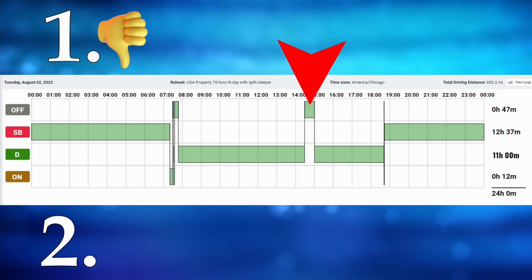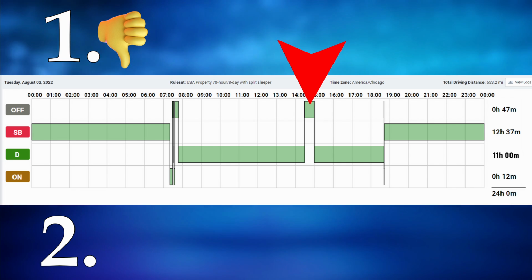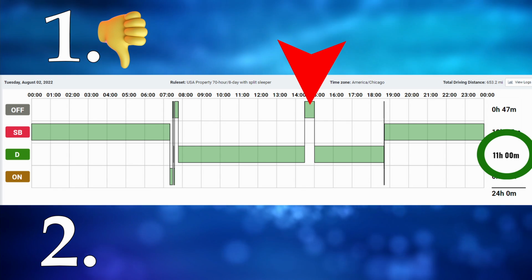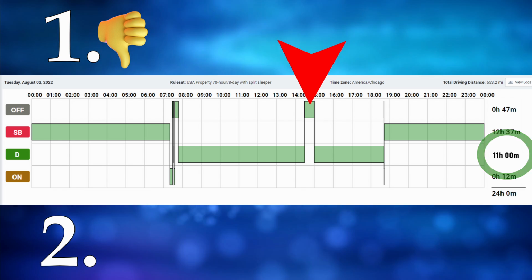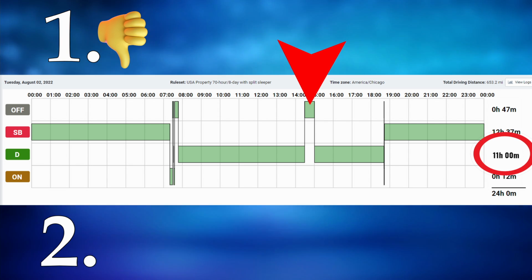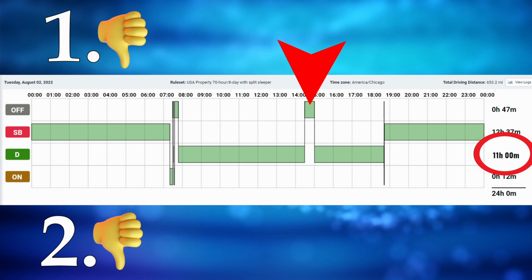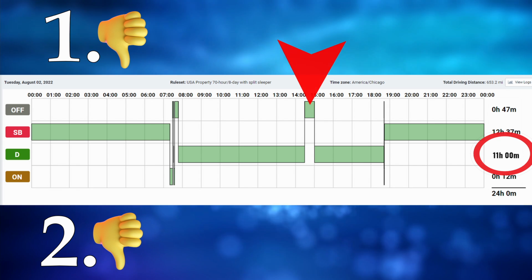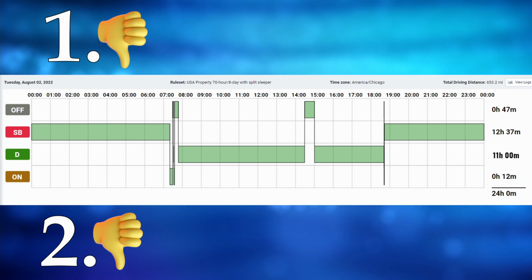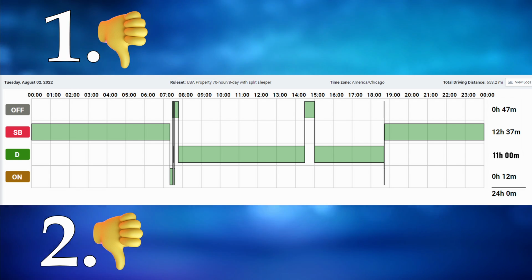Second, as we said, at the end of your work period, you must have less than 11 hours of driving for the day. In this example, you have 11 hours, meaning you don't qualify for split sleeper. Neither criteria is fulfilled. The software will not give you the right to split sleeper.